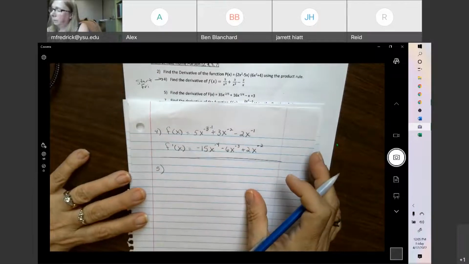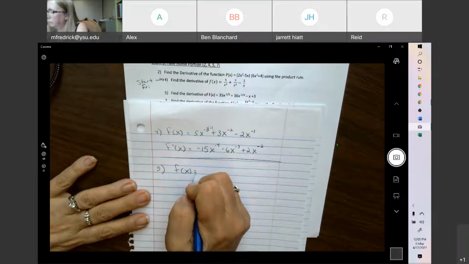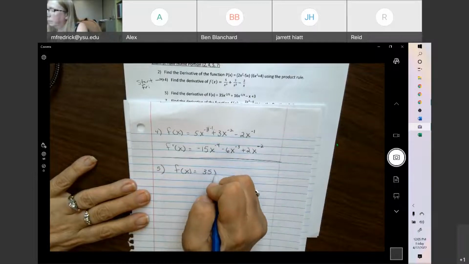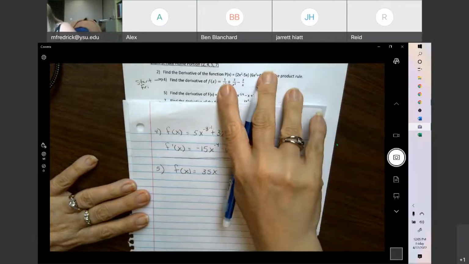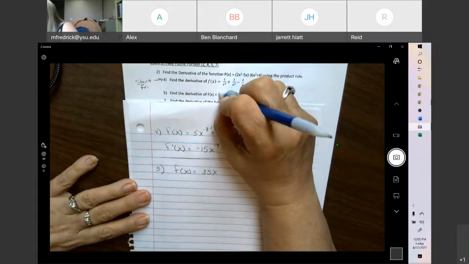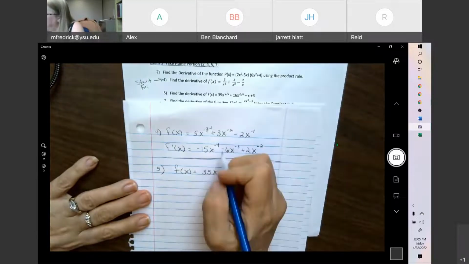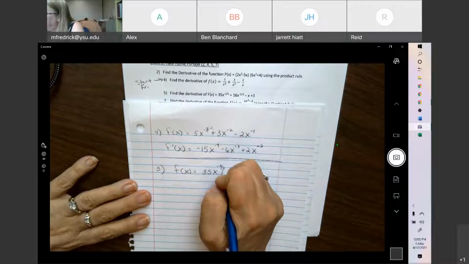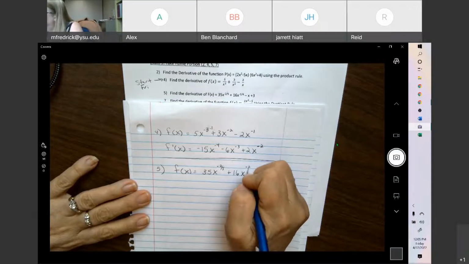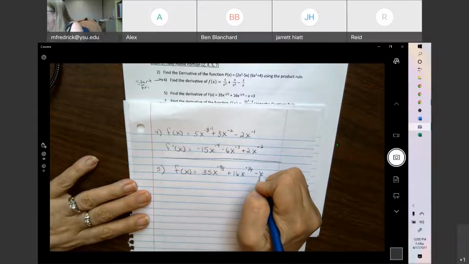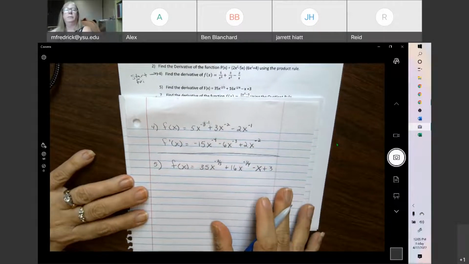Number 5. Okay, that is a negative, so it's a negative 2/5 plus 16x to the negative 1/4 minus x plus 3. Okay, go ahead and take the derivative.